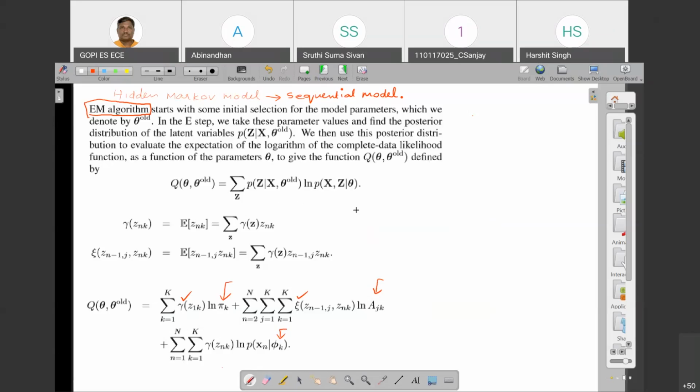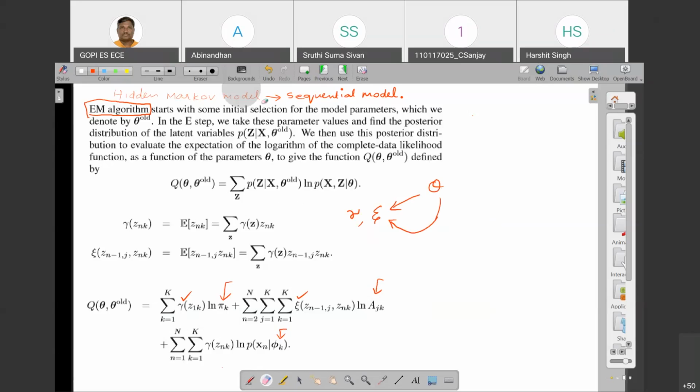I repeat, gamma and zeta require theta. Theta, now you know what it is. This needs that. But for computing the parameters of theta, we need this gamma and zeta.